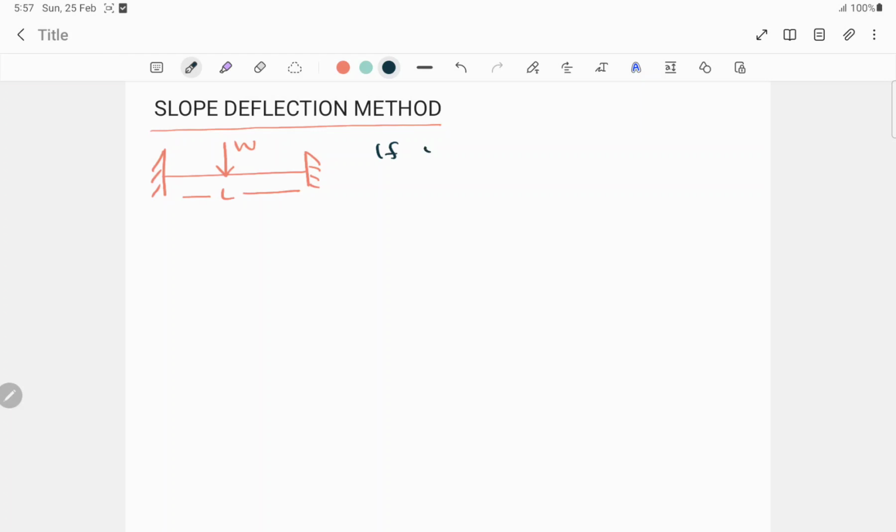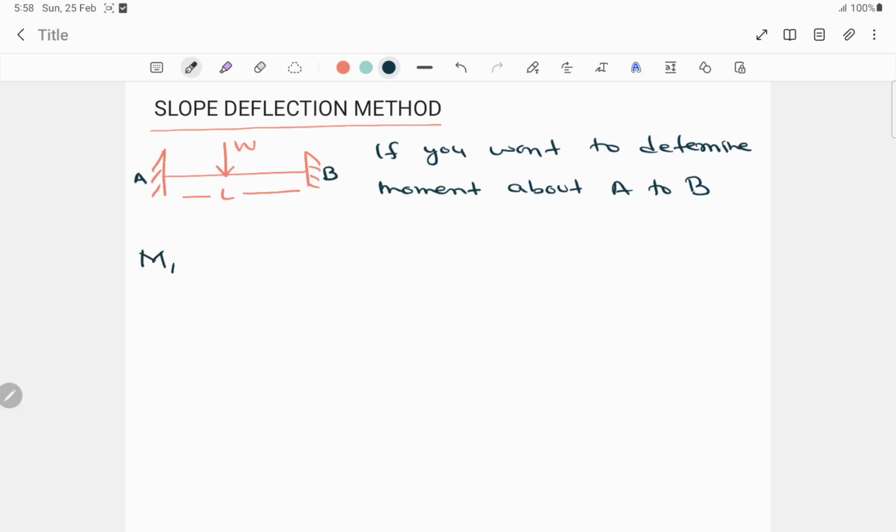So now if you want to determine moment about A to B, suppose this is A point and this is B point, then we have to use this formula.